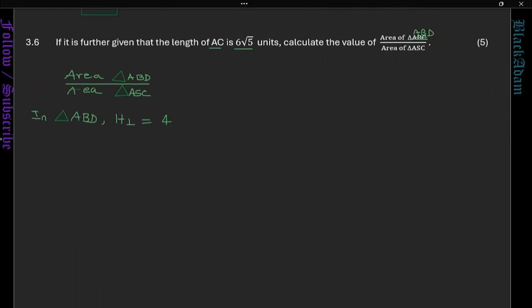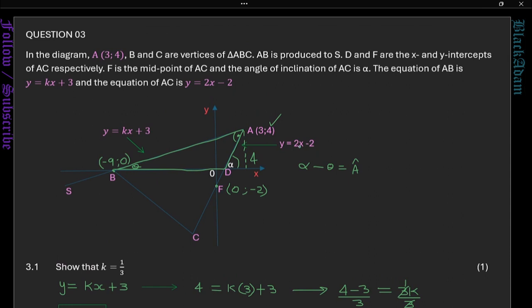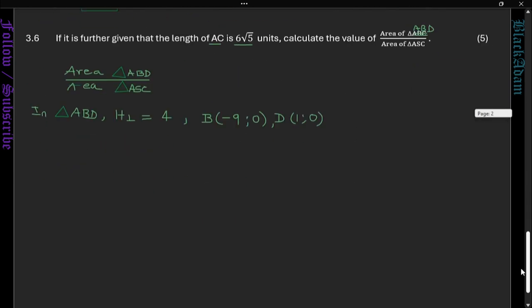Coming to the equation there, B is negative 9, 0 and D is 1, 0, because D is 1, like y is 2x minus 2. So when y is 0, solving for x, x is going to be 2 over 2, which is 1.